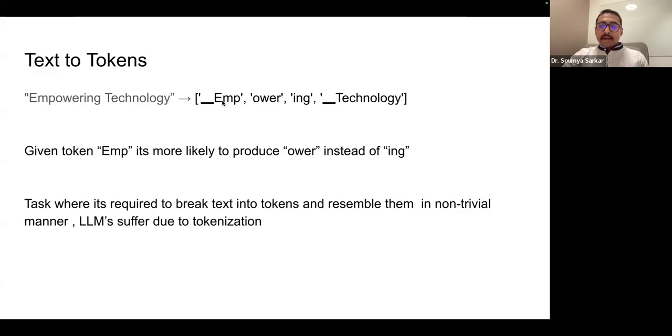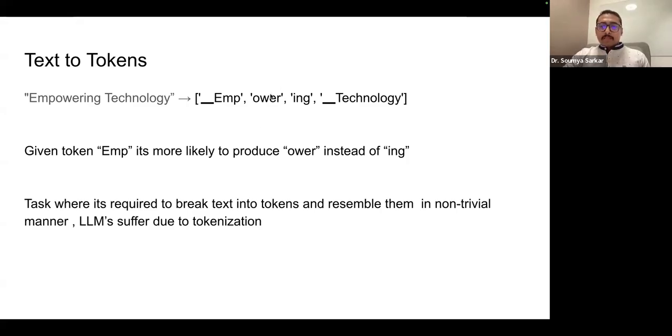What it means is that, given the input EMP, it is more likely to produce, let's say, "our" or "power" instead of "ing", because in the data it will most likely have seen this more compared to "ing" as the next token following EMP.